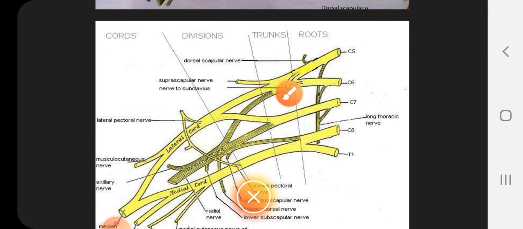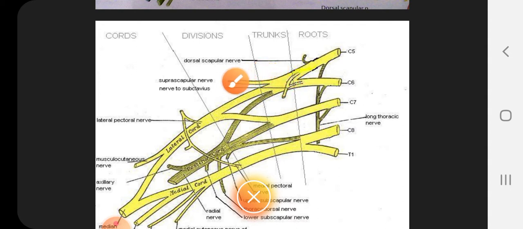It may also give a root to the phrenic nerve. So these are the 2 branches from the trunk. I'll repeat: number 1, suprascapular nerve, which supplies supraspinatus and infraspinatus; number 2, nerve to subclavius, which supplies the subclavius muscle.